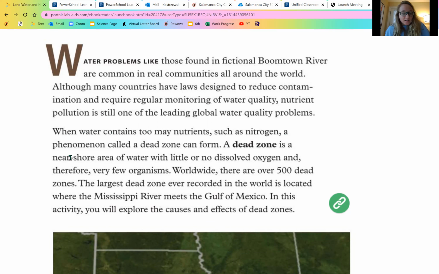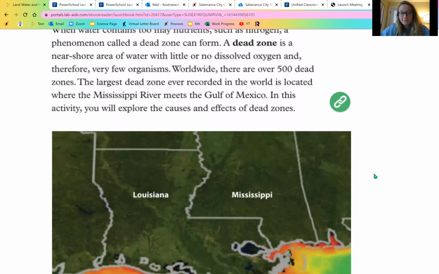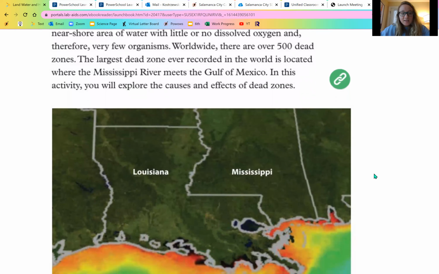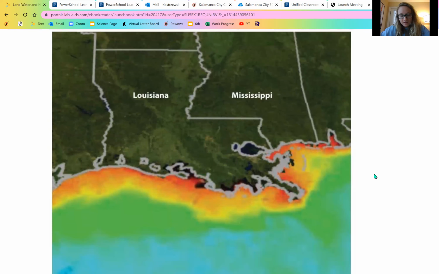A dead zone is a nearshore area of water with little or no dissolved oxygen and therefore very few organisms. Worldwide, there are over 500 dead zones. The largest dead zone ever recorded in the world is located where the Mississippi River meets the Gulf of Mexico. In this activity, you will explore the causes and effects of dead zones.